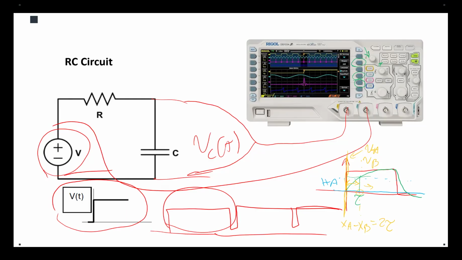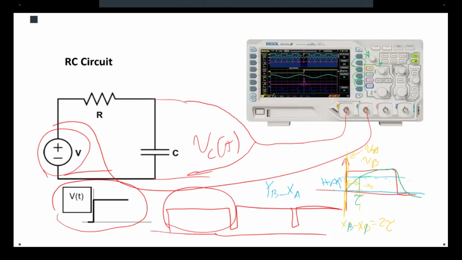Are we good? Now, how to read using the cursors? If you wanted to read, for example, 63% of the voltage, you set the horizontal B at a place that YB minus YA, this is B and A, sorry, is going to be that specific voltage that you want.